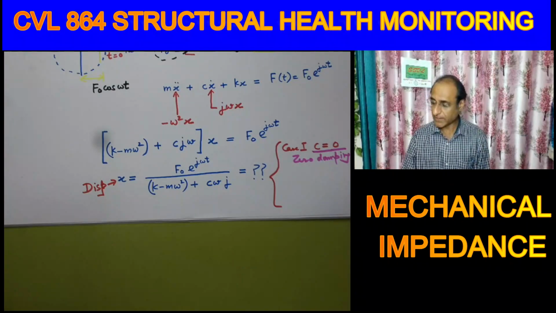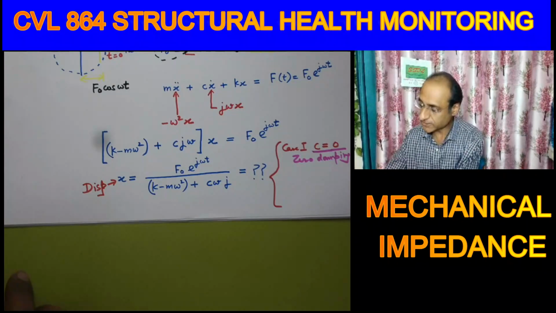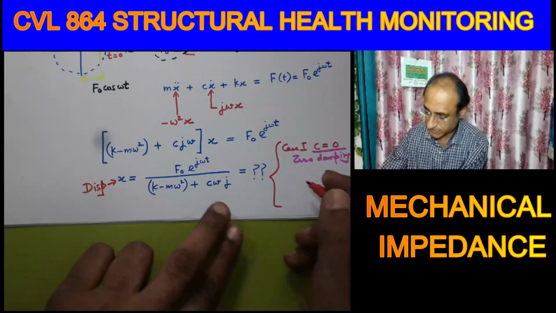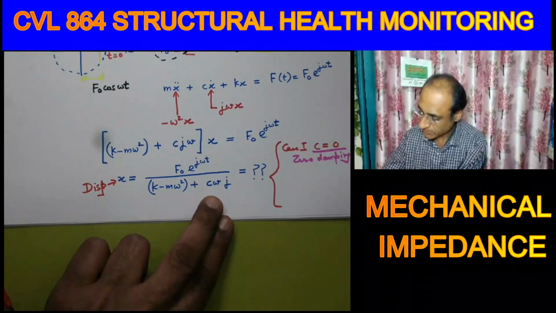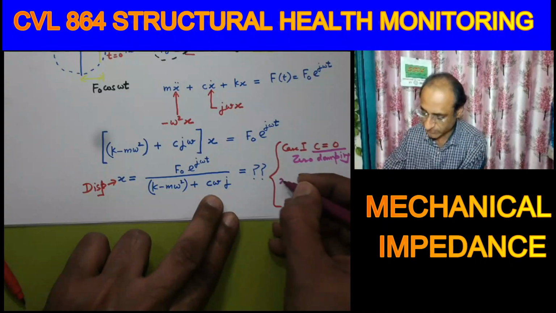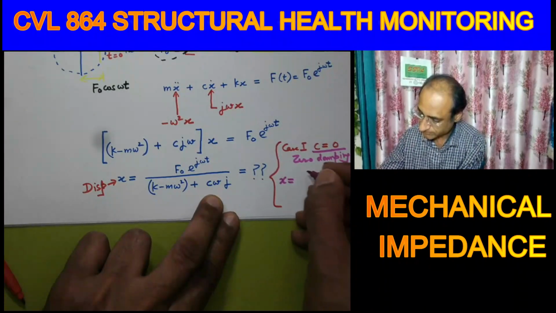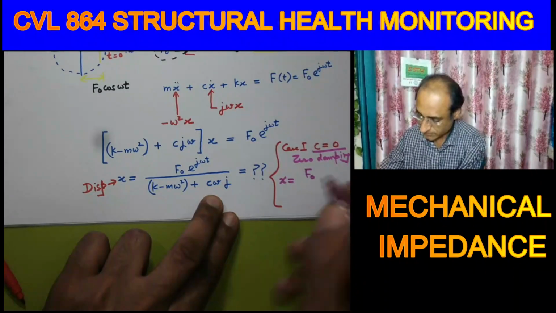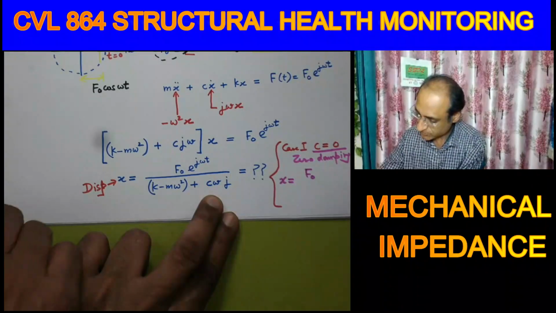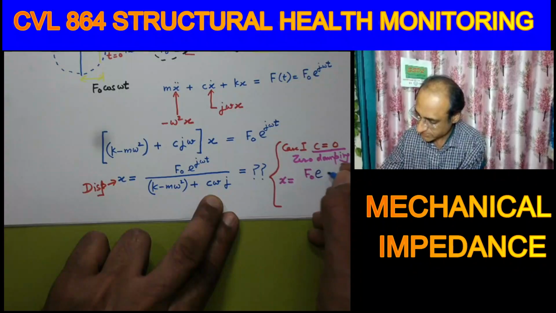Correct. If we have this condition C0, then your displacement x will be given by a very simple expression: F0 e to the power j omega t in the numerator, and the denominator will again be a real term.